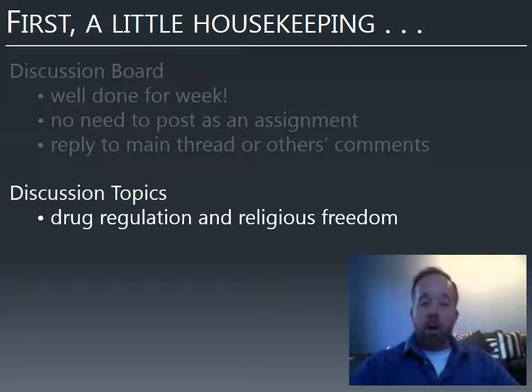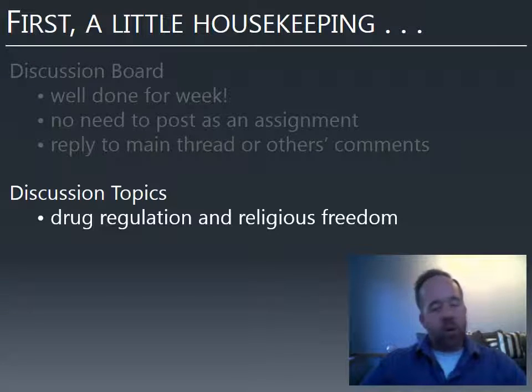And so that's one of the hard things about this debate: assessing whether this drug represents a harm. And what do we do about that? So is it harmful enough? Is the threat great enough that it represents a risk to the public, a threat to the public? In which case, does that justify curtailing religious freedom in that particular case?